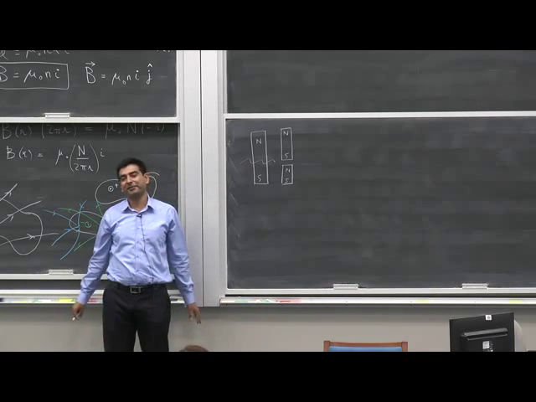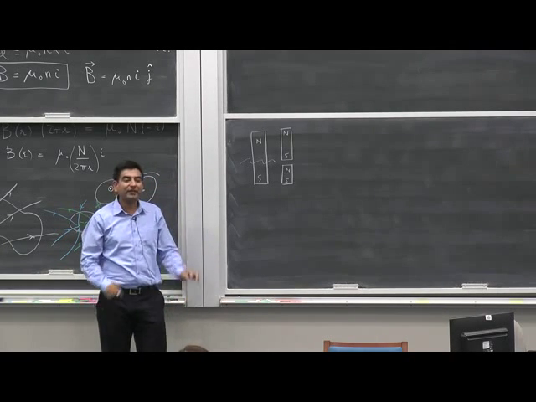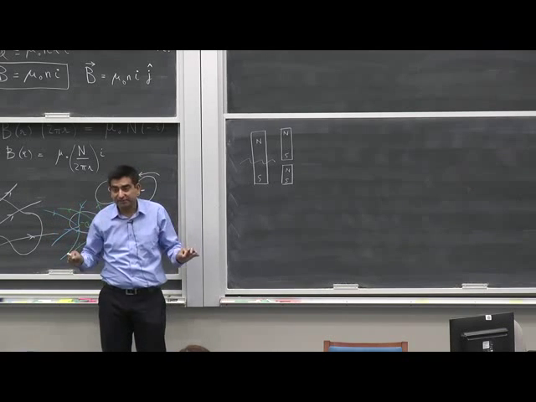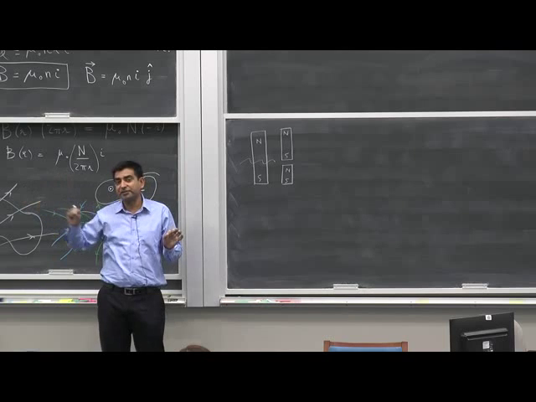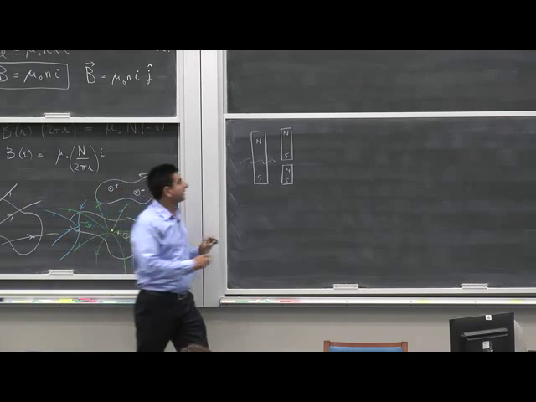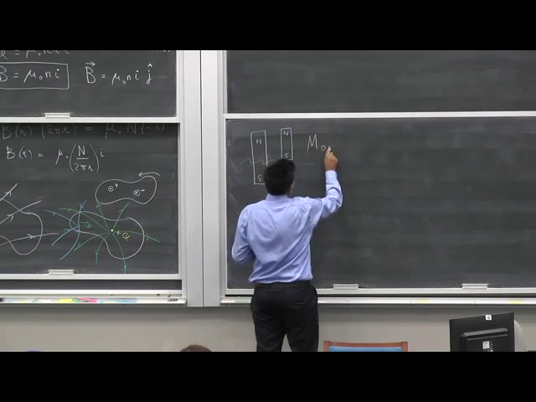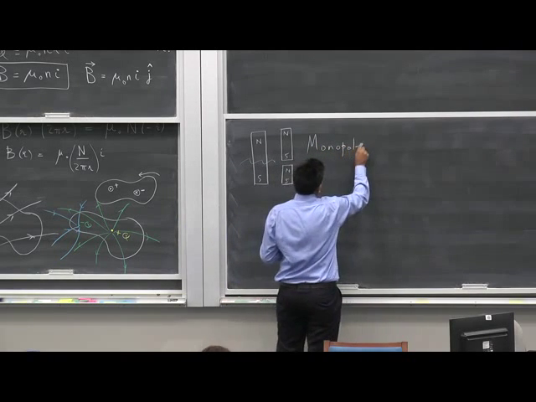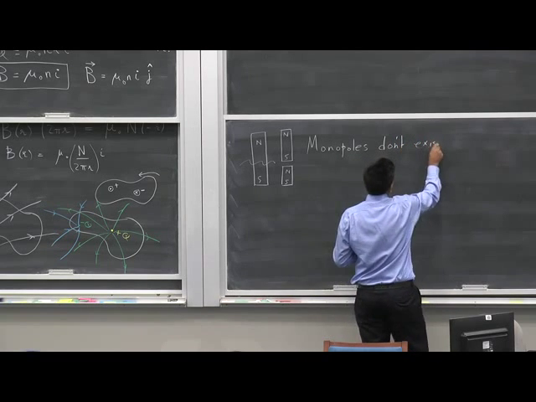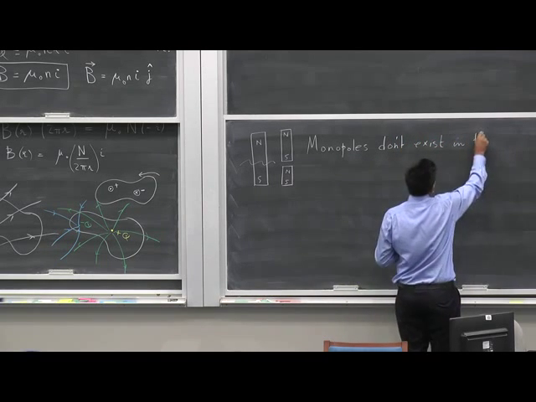It's impossible to get an isolated north pole or an isolated south pole. Magnetic monopoles don't exist. The equivalents of charges don't exist in the magnetic realm. So magnetic monopoles don't exist. Monopoles don't exist in the magnetic realm.